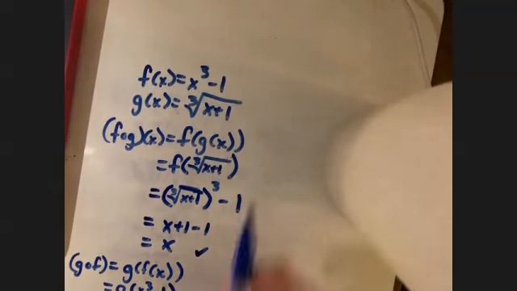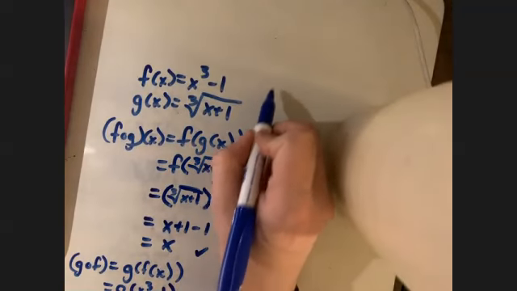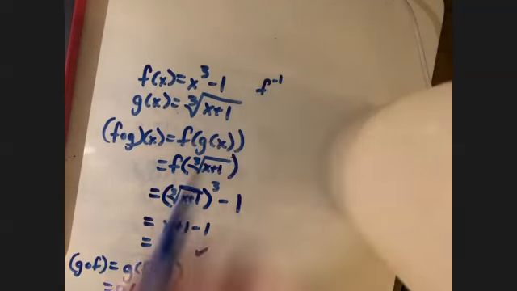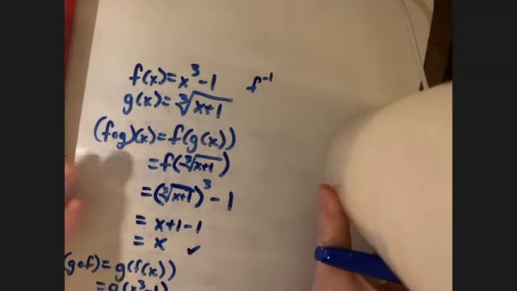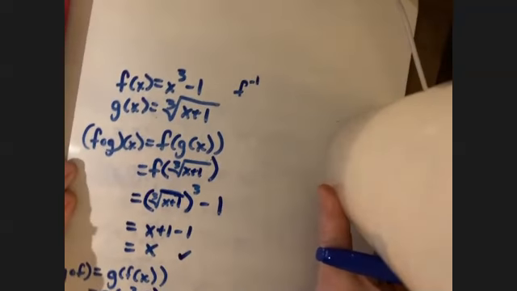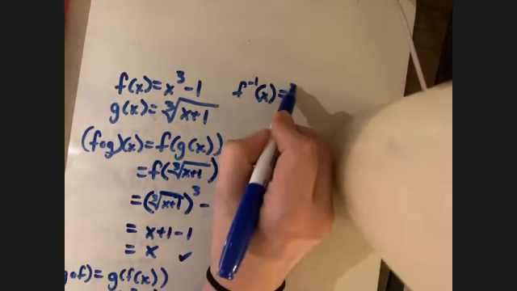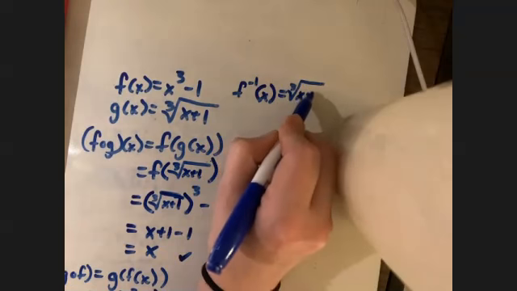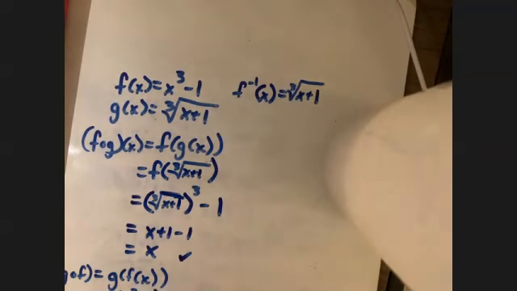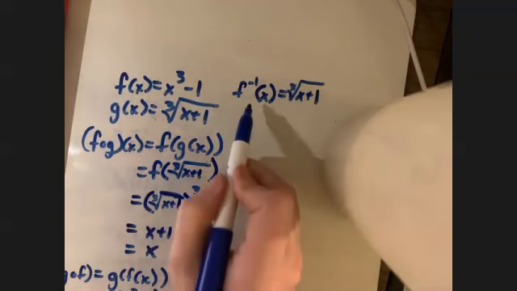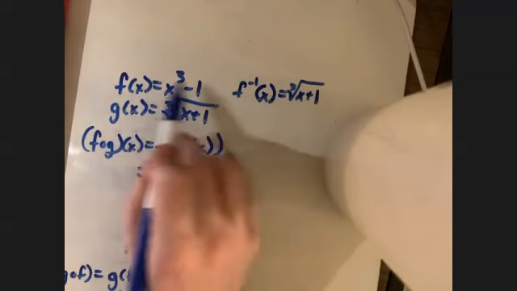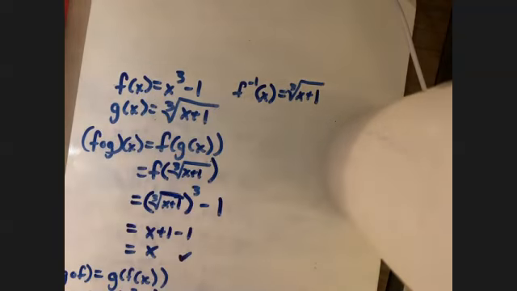Notationally, we are now going to say the inverse, and that does not mean a negative exponent. That is the notation for inverse for that g of x function. Name-wise within the math world, this strengthens the relationship between these two functions.